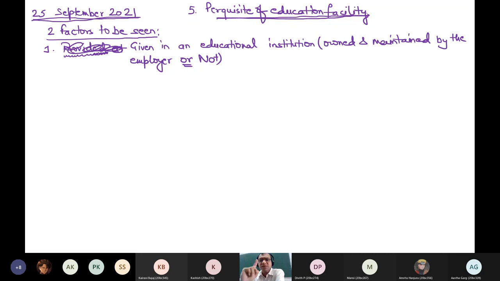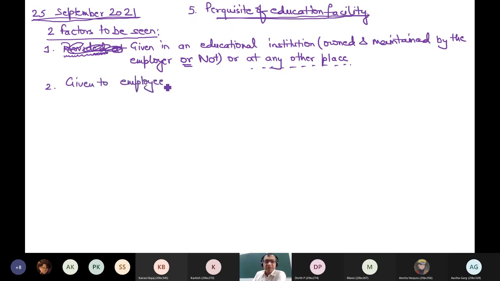So what is my first factor in determining the education facilities? First, I must know, is this education being provided in an institution or at any other place, which is not an institution? This is my first factor. Second factor, to whom it is given? It is given to employees' children or other members of household.